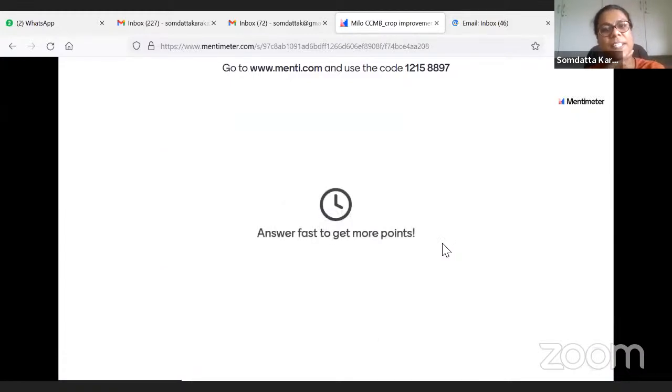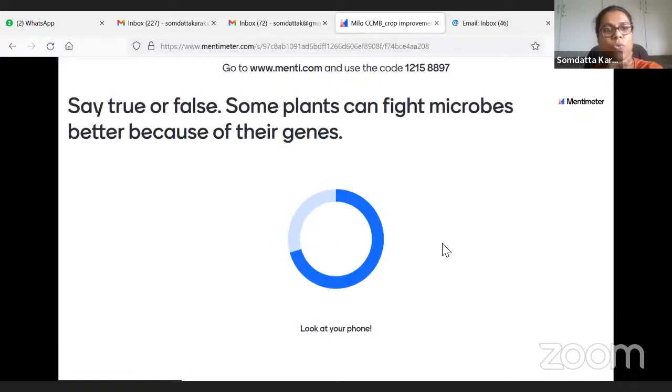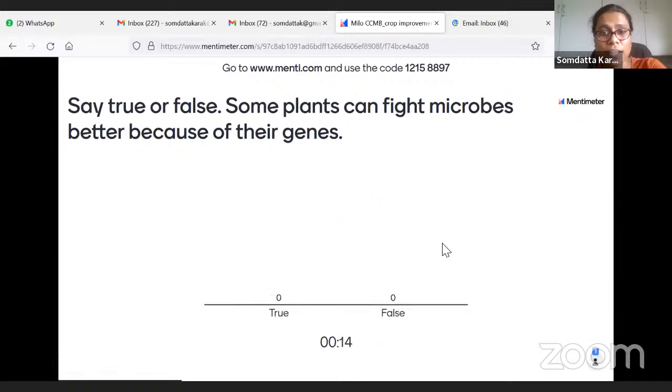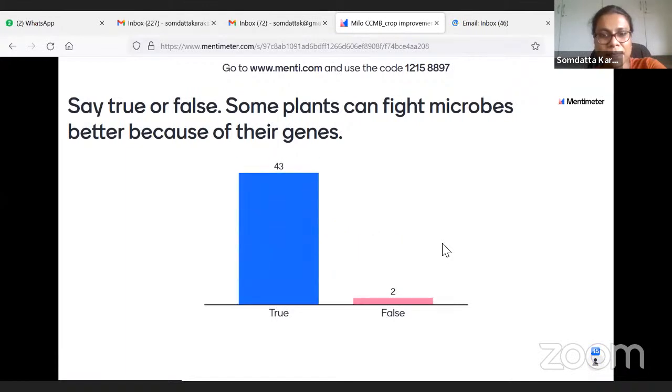Let's go to the second question. True or false again: some plants can fight microbes better because of their genes. Remember what genes are? Dr. Patel also talked about them a little briefly today. So do some plants fight microbes better because of their genes? Yes, they can.